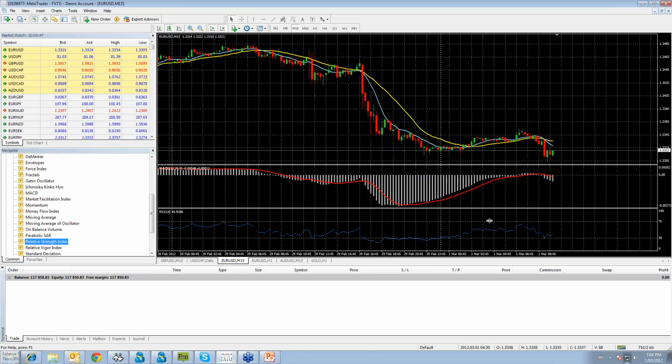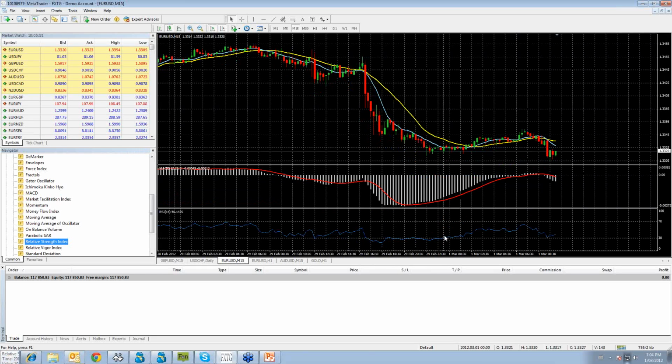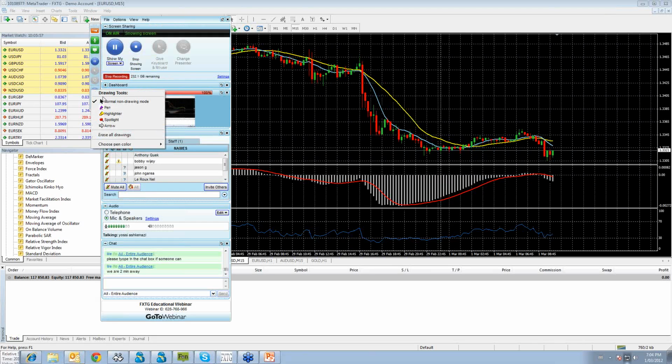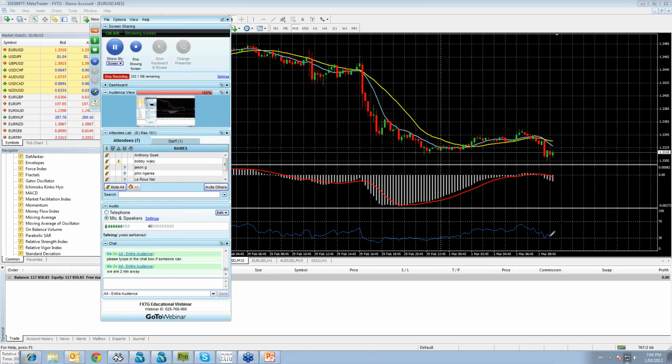The Relative Strength Index shows us if it's below 30, above 70, and how strong this pair is. As you can see, we have 30 over here, 100 being the top, and 70 over here. We can see that at this point it's oversold, and definitely oversold here at this point of time.